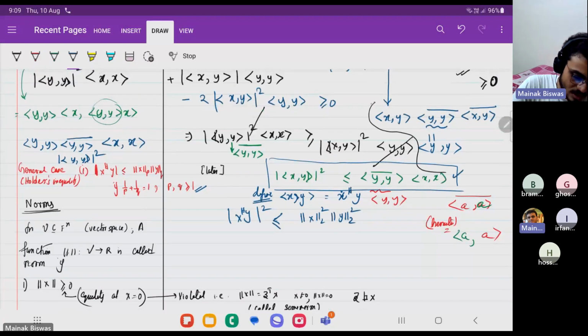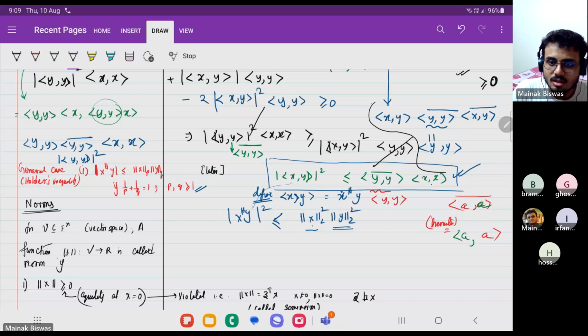This equation. So in place of x, I will get x Hermitian x, that is the norm of x squared, and y Hermitian y, that is the norm of y squared, and I will just put this over here. Is this clear? You have to relate these two terms very fast. I mean y transpose y as the length of y.